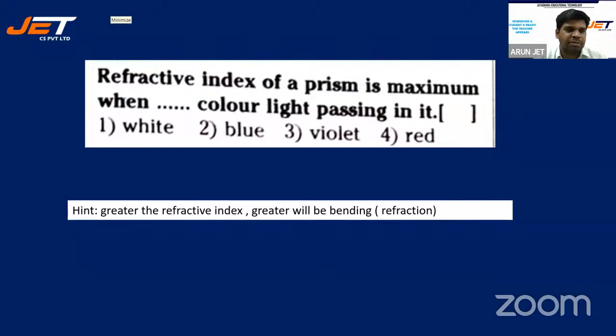Here's the key. Yes, 3 is correct, but there were students who have answered 1. 1 is wrong, students. White light splits when passed through a prism. Dispersion takes place. So 1 is definitely wrong, ruled out.